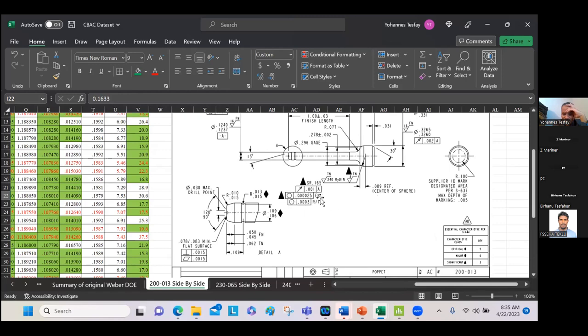Circularity, finished before finished, is run out 0.01 on this surface. So every specification is here.